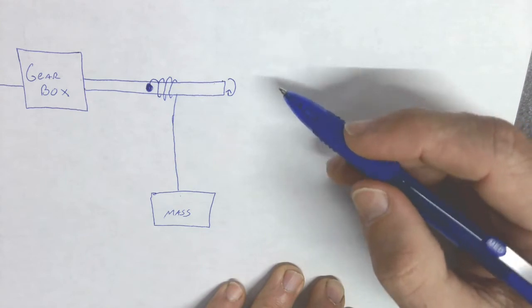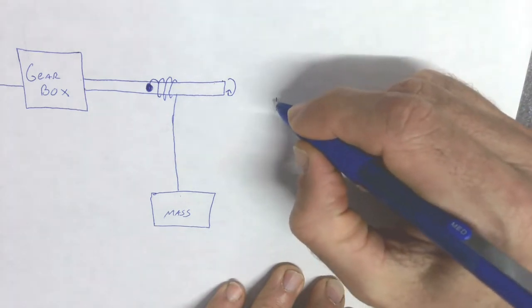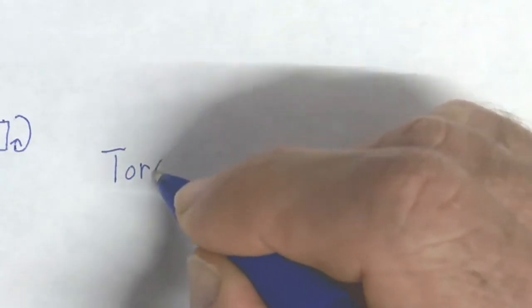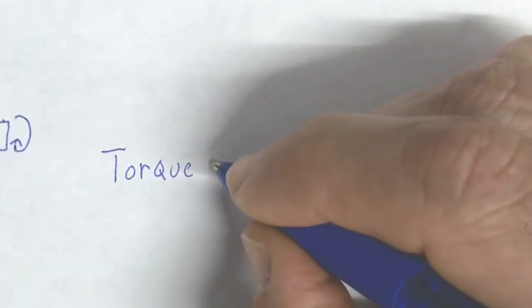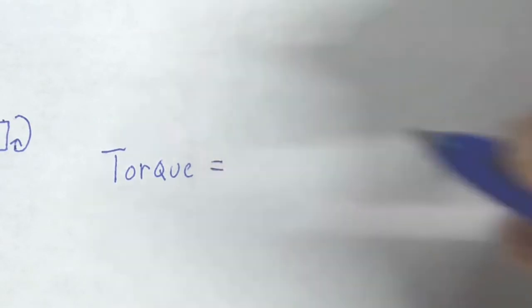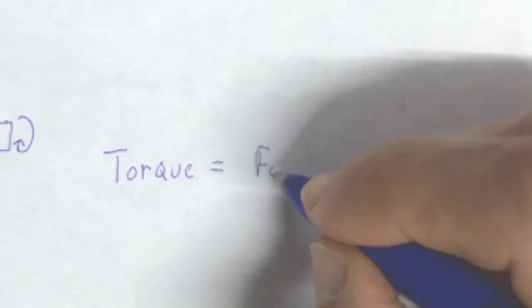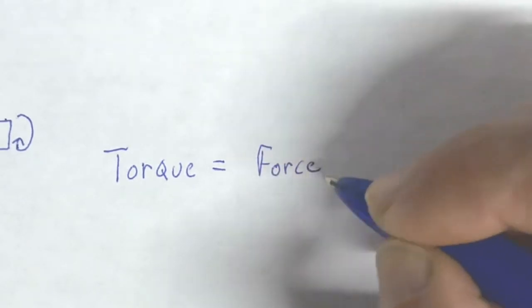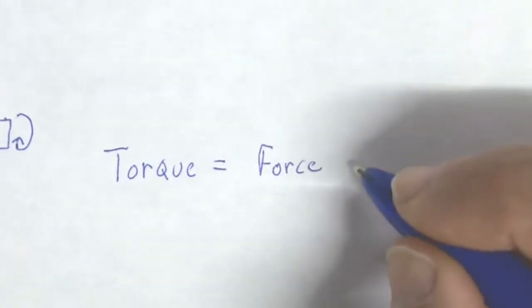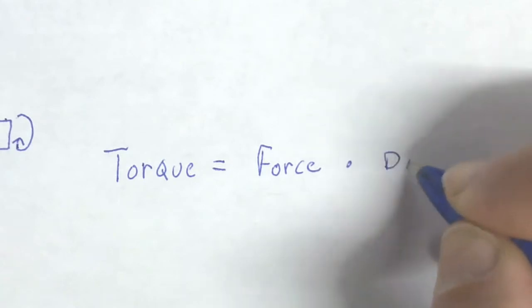Okay, so we'll do a theoretical calculation. Torque, we've heard that a lot in class this year, represents a rotational force. The torque is going to be equal to a force times a distance.